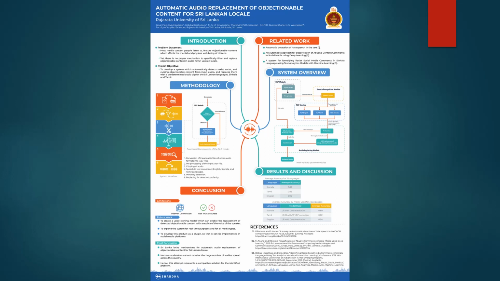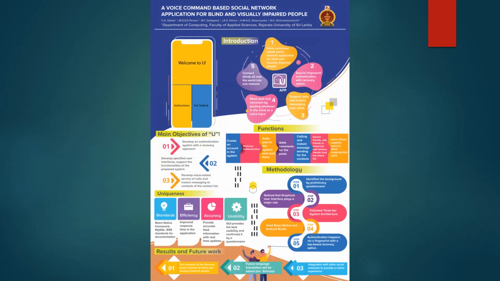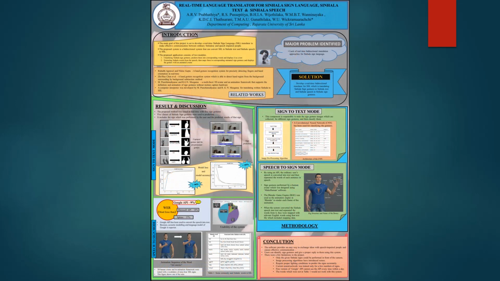Before moving to the next part, I want you to pause this video and think what the necessary components of a poster are. Okay, now let's identify the necessary components of a research poster. I am using examples taken from the previous images that I have shown you.